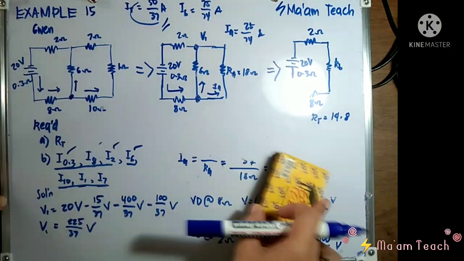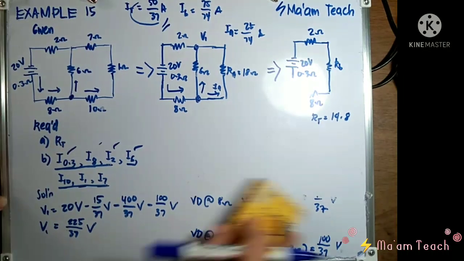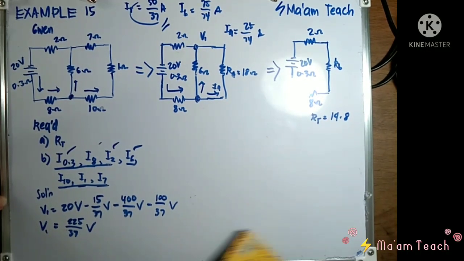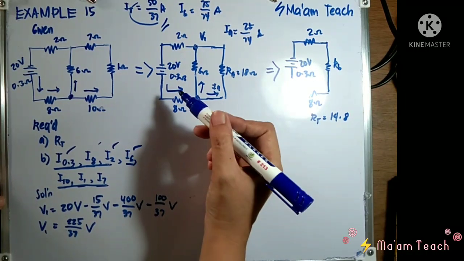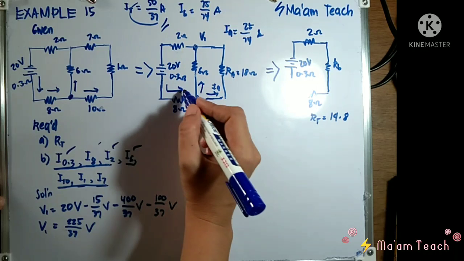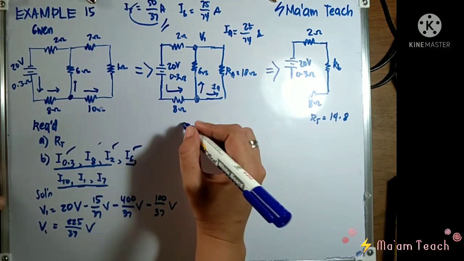I just want to show you how to check if our values are correct. Now, look at this junction here. As you can see, there's an entering current, our I sub t.